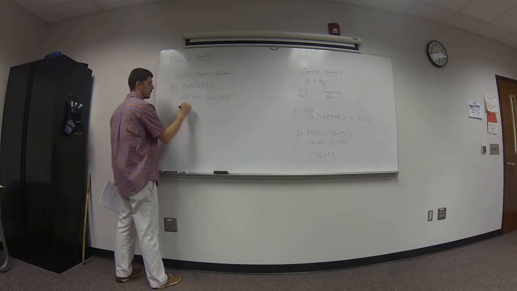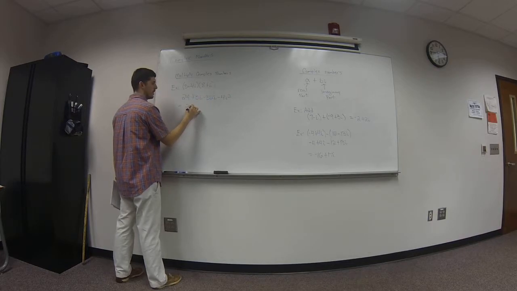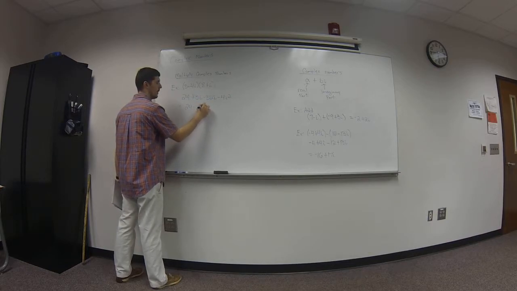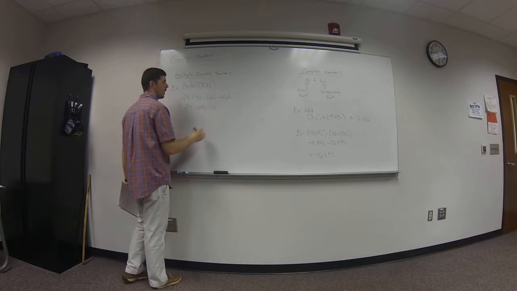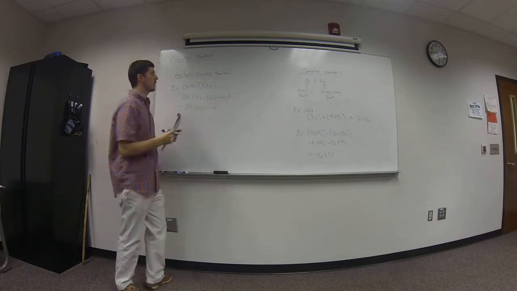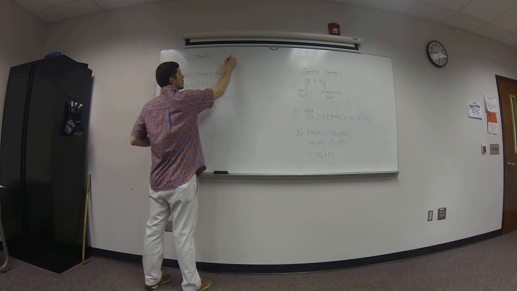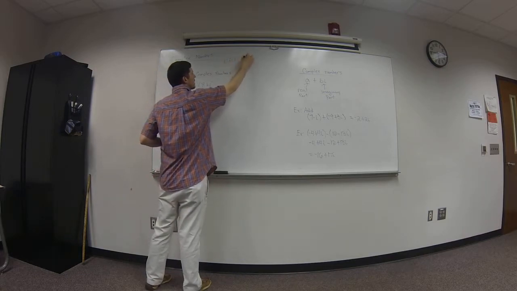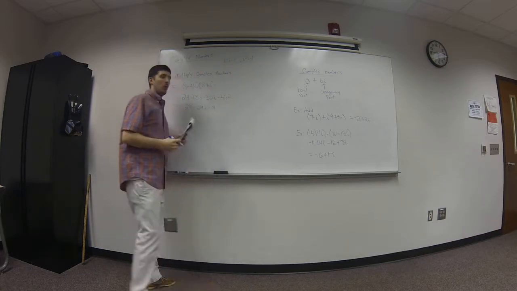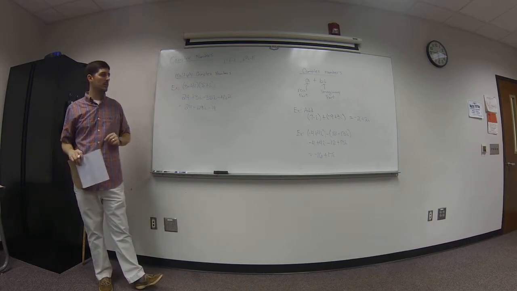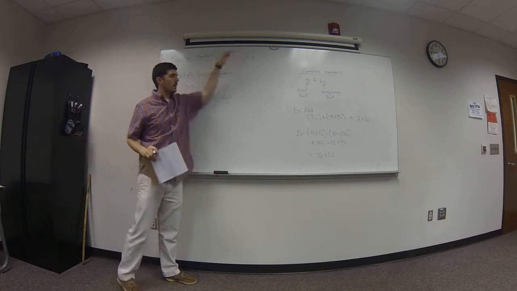Combine like terms. I keep my 24. 3i minus 32i is negative 29i. Then minus 4i squared. Remember what we said in the beginning: i equals the square root of negative 1, so i squared equals negative 1. Everywhere we see an i squared, we have to plug in negative 1.